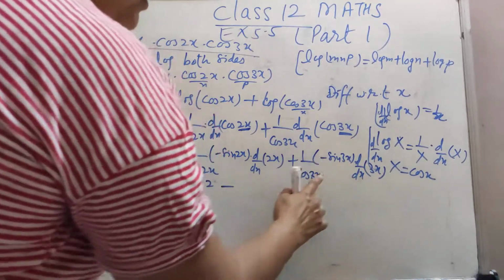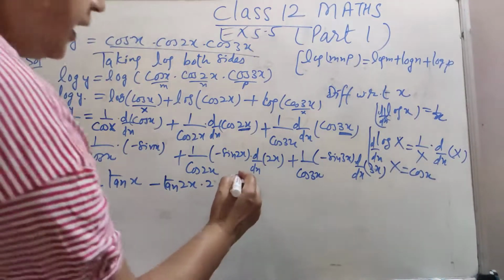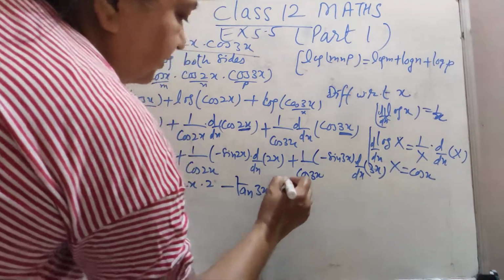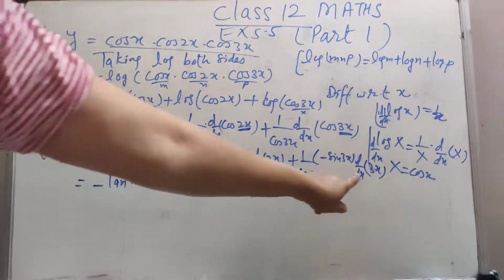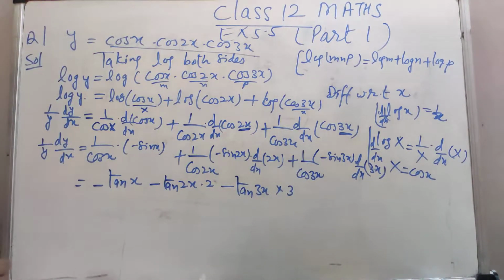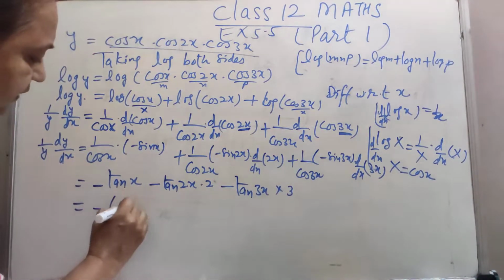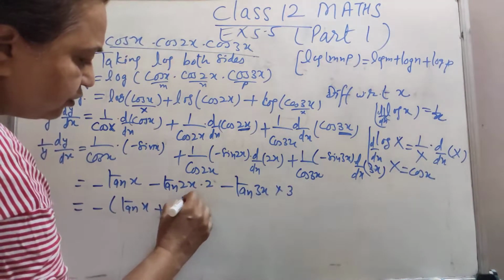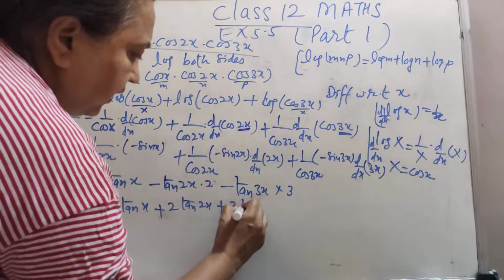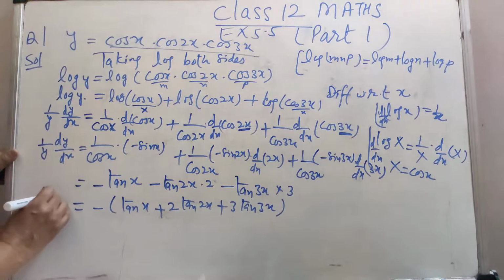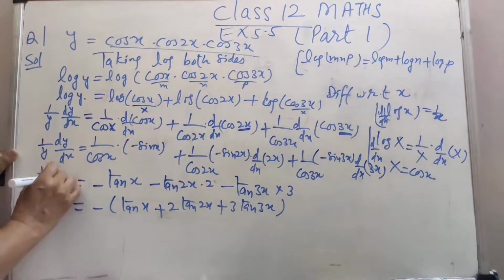Minus sin 3x upon cos 3x becomes tan 3x into 3, because the derivative of 3x is 3. Now only the minus sign is common, so this is tan x plus 2 tan 2x plus 3 tan 3x.